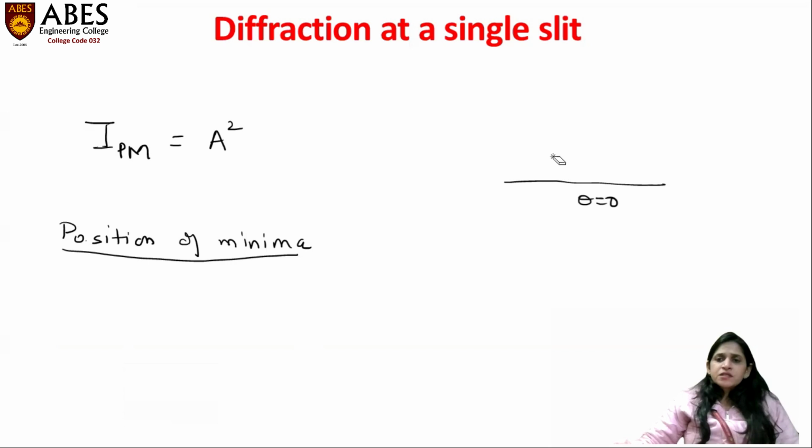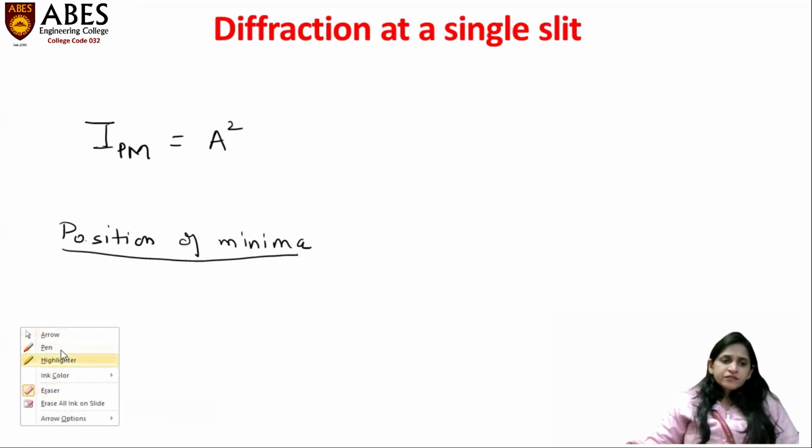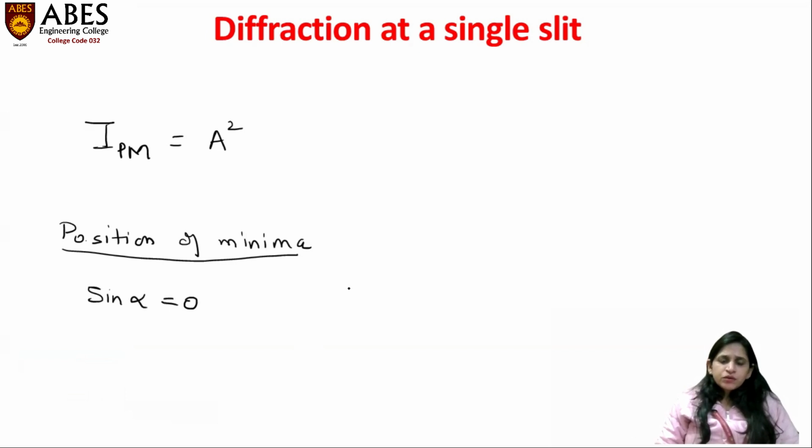The minima is the dark fringe, or the dark portion between the two maximas. Intensity will be minimum when sine alpha is equal to 0. Then we get the intensity A square sine square alpha over alpha square. So if sine alpha is 0, then the intensity is 0.